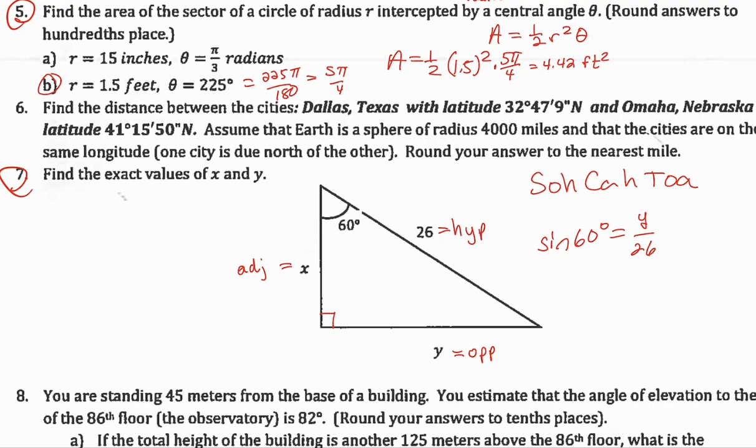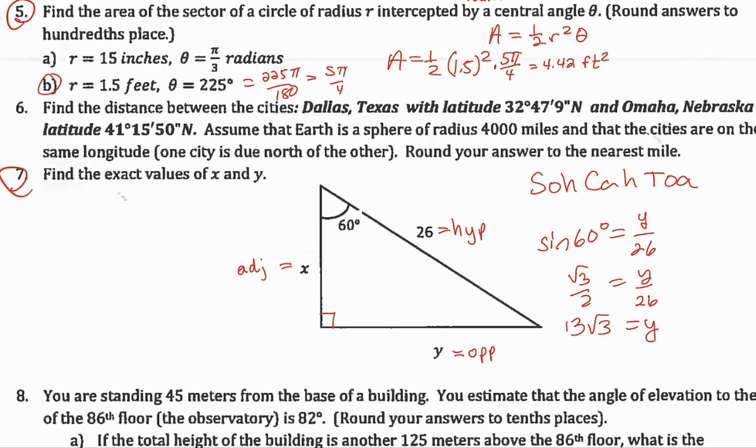The sine of 60, we know from our unit circle, is square root of 3 over 2. And then you just cross multiply, cross by 26. So we get 13 radical 3 is the exact answer. Because you would get 26 divided by 2, which is the 13. The radical 3 is just going to hang out.